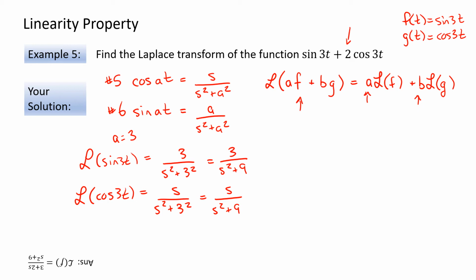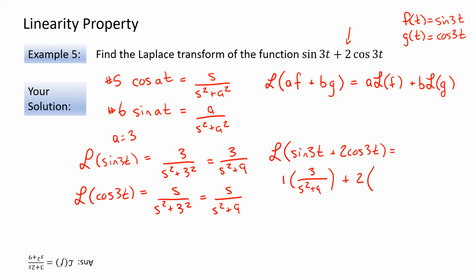So now, using this linearity property, we have the Laplace transform of sine of 3t plus 2 times cosine of 3t is equal to, and I'll put it on the next line just so you can see it, 1, because remember there's nothing behind the sine function, times the Laplace transform of the sine function, 3 divided by s squared plus 9, plus 2 times the Laplace transform of the cosine function, which is s divided by s squared plus 9.